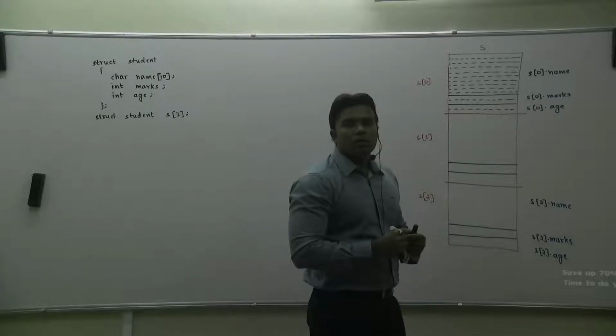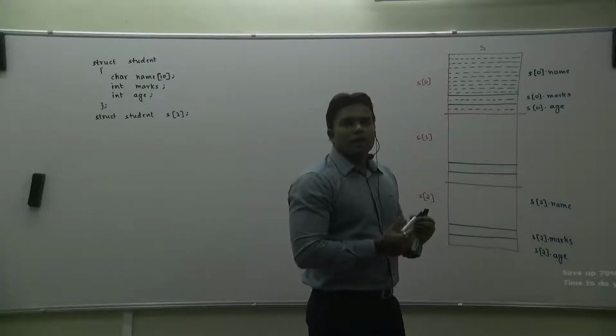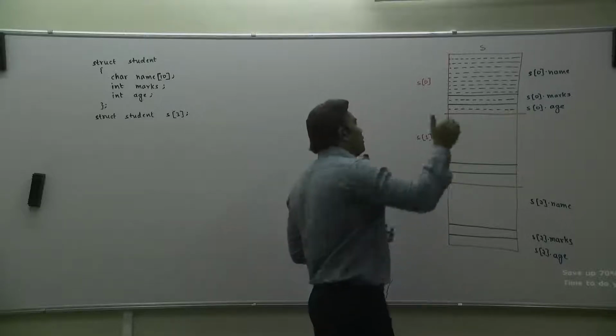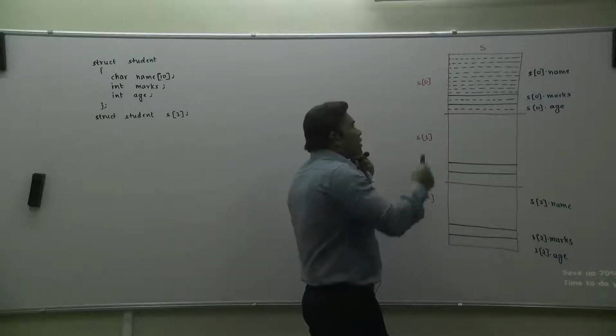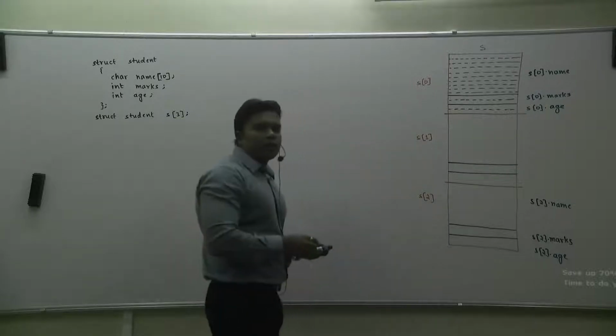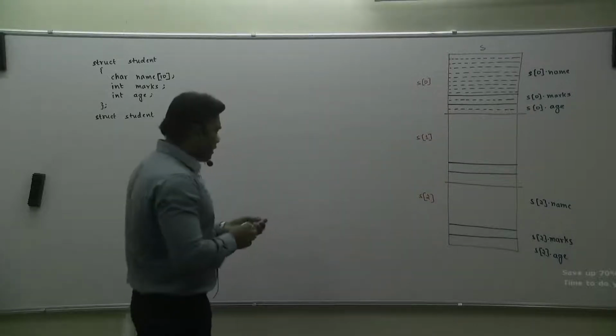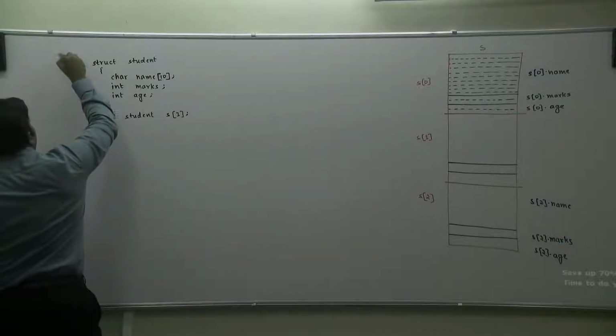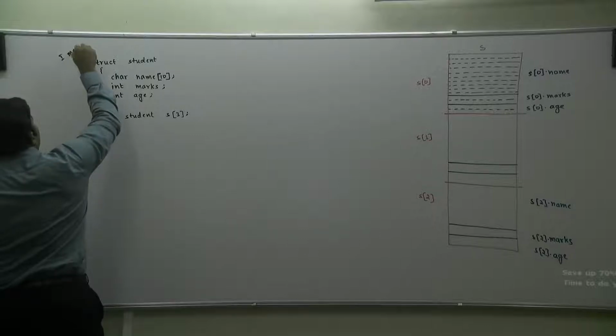Oh, okay, sir. Fine. Whatever you have told, we have been able to understand. Sir, I want to fill value into this, sir. What to do, sir? You may ask. If you want to fill values into it, you can do it in many styles. This is the first method in which value can be filled inside that.